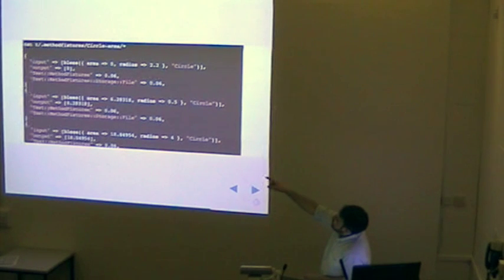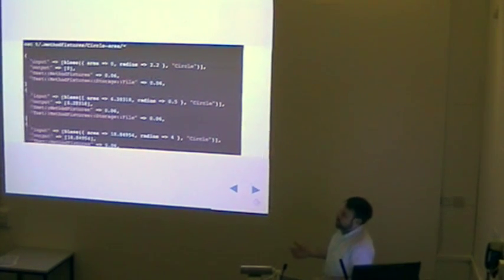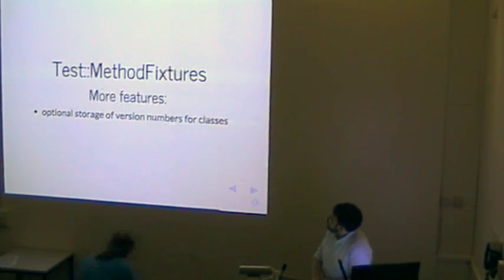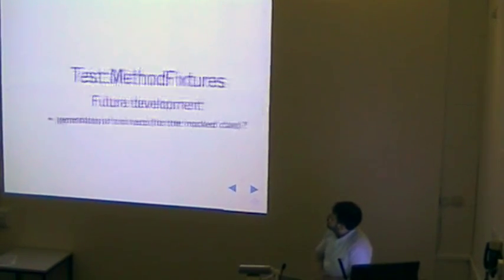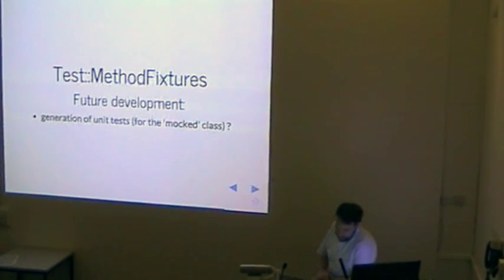And the output, we're also recording the version numbers of the files, and you can optionally get your storage cluster warn, or even die, if there's a mismatch, and that will hopefully allow, if the format ever changes, you can know about it and break the code. That's the optional storage version numbers.